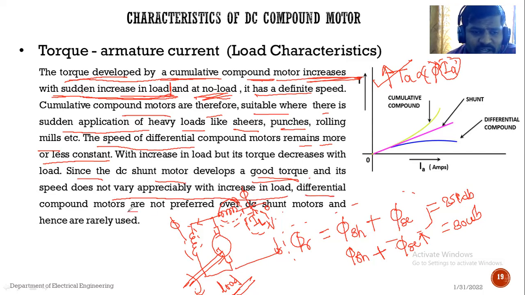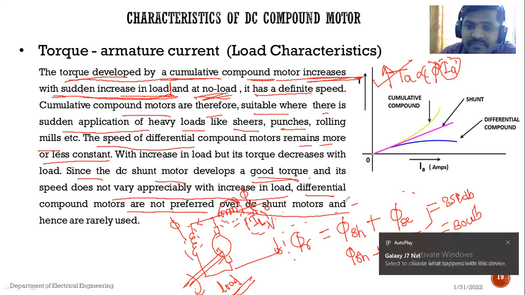Differentially compounded motors are not preferred over a DC shunt motor and hence rarely used. Instead of using a differentially compounded motor, we are using a DC shunt motor. आपण shunt motor use करतो.